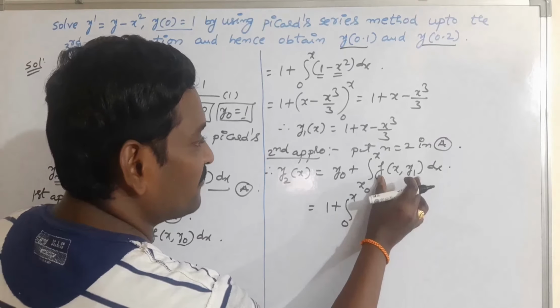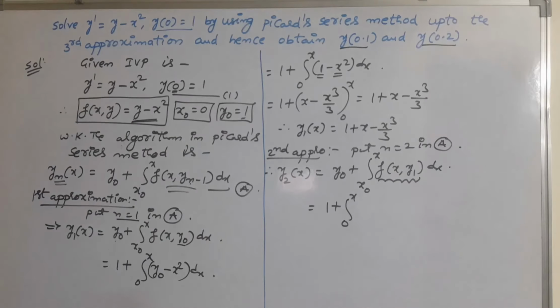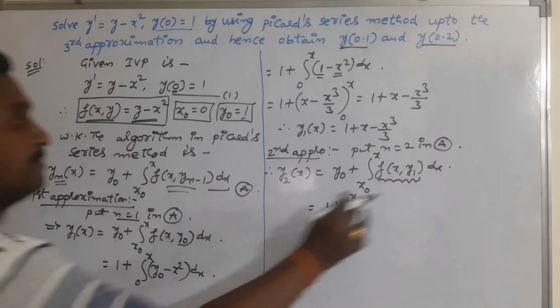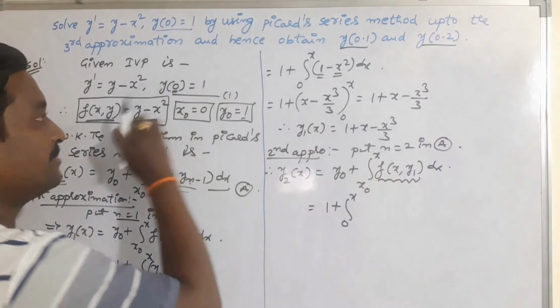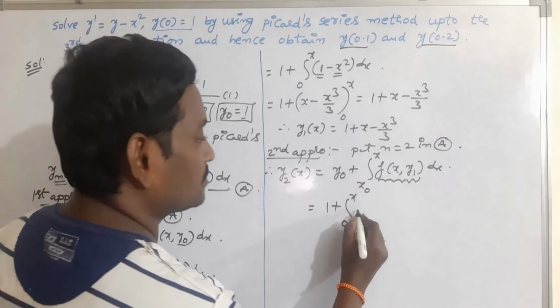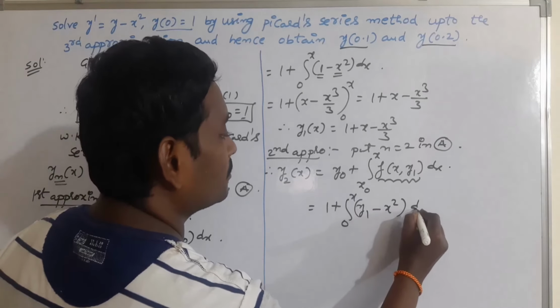x. What is f of x comma y1? It is important here to write the expression of f of x comma y1 from the given function f of x comma y. So whenever we have y, replace it by y1, and whenever we have x, just replace it by x only. Okay, x by x only. So you will get y1 minus x square whole into dx.